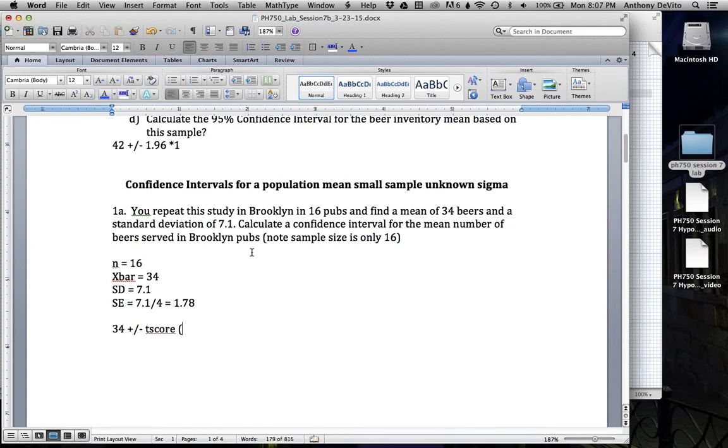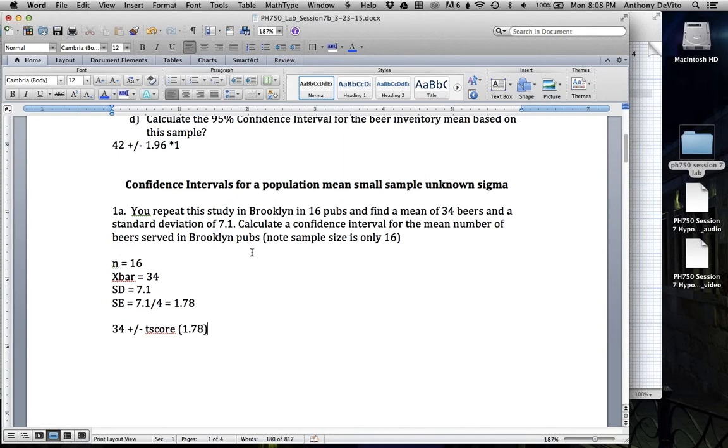Maybe at some point we'll talk about where this t-score comes from, from a guy who used a pseudonym called Student. We're getting into the application portion of what you learned in the lecture. Times the standard error, which is 1.78. So we need this t-score.